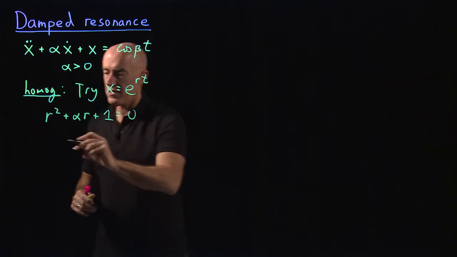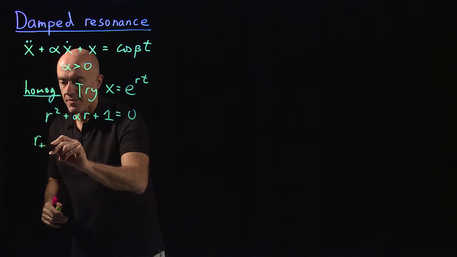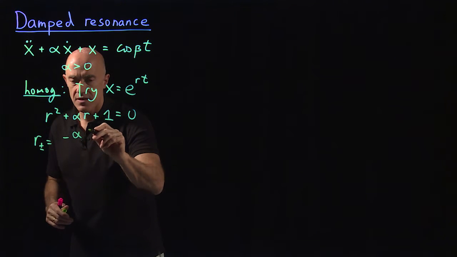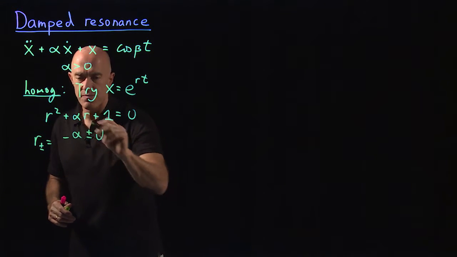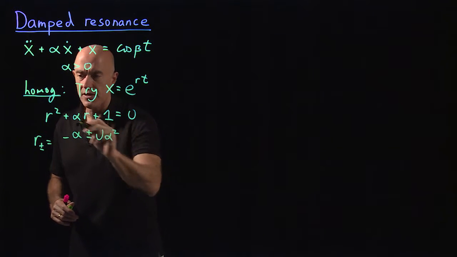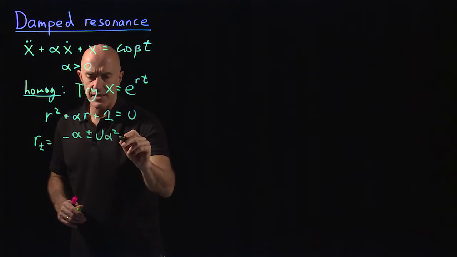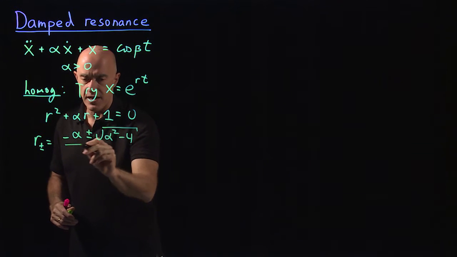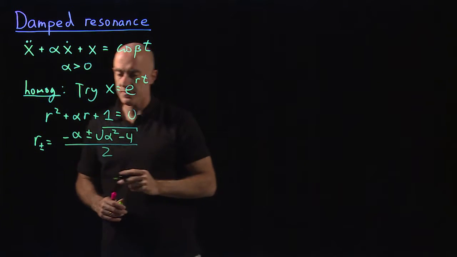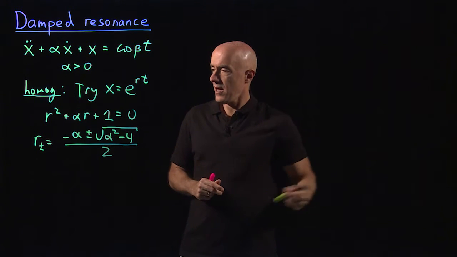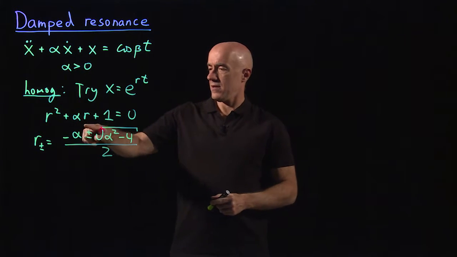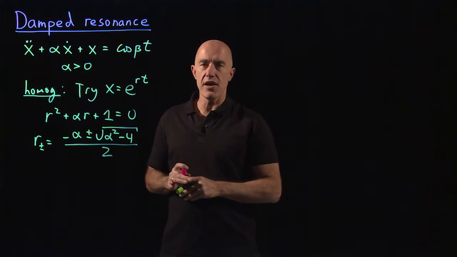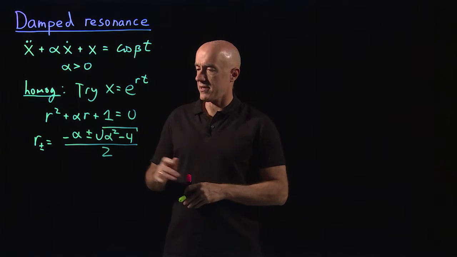Quadratic equation, so r plus or minus equals negative alpha plus or minus the square root of alpha squared minus 4, divided by 2. Of course, there are 3 cases here, but they all share a common characteristic.